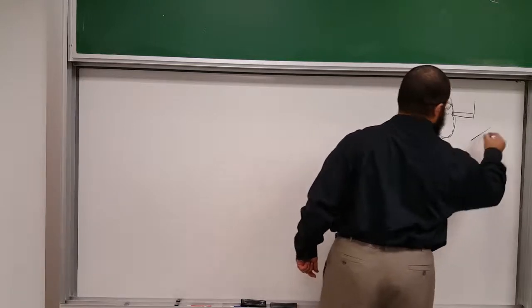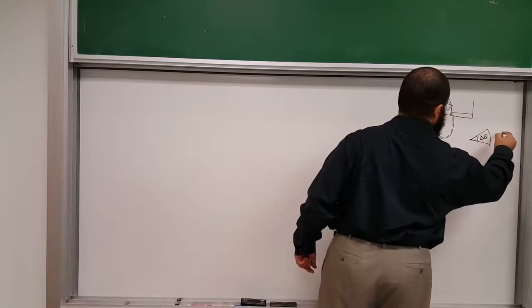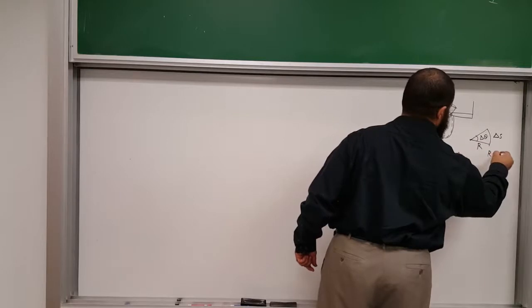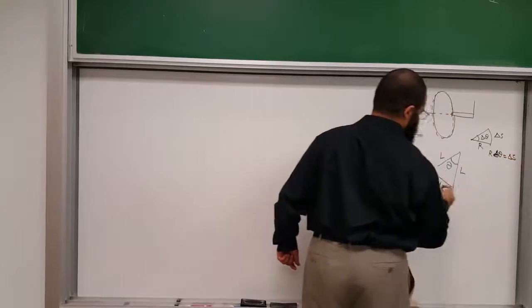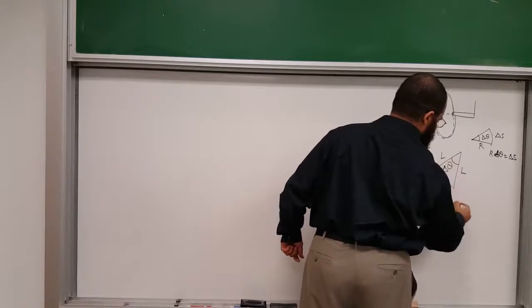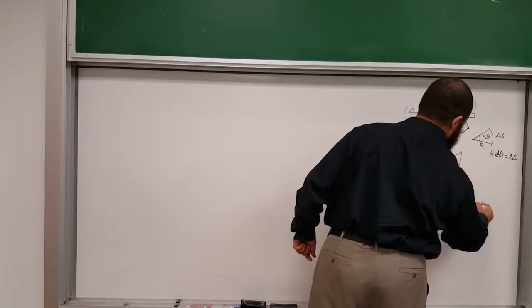Just like if you have delta theta, and this is the arc length, delta S, and this is R, R delta theta is equal to delta S. That's exactly what I'm doing here. Delta L will equal, I'm calling this delta theta, L times delta theta.